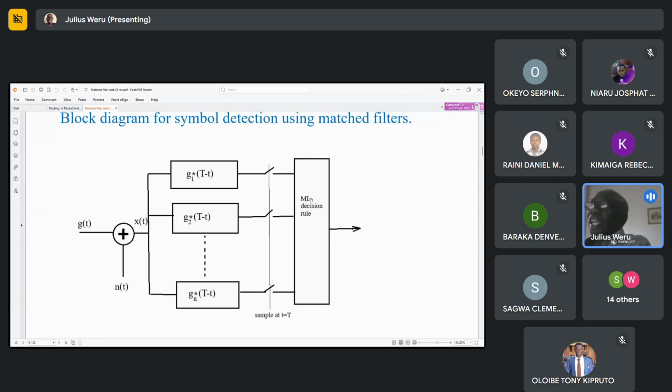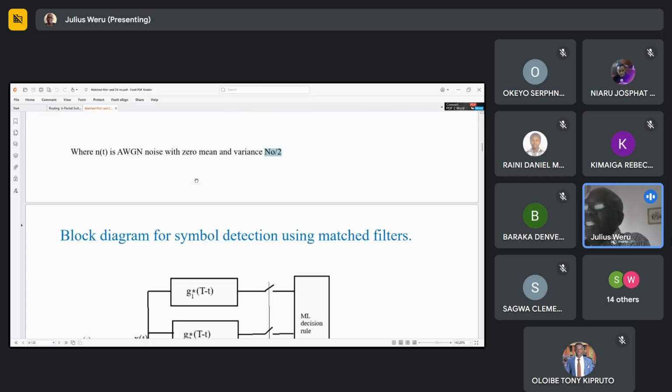This is a general case, but of course in most cases you have only two different types of symbols, so you only need two of these, and in fact in some cases you only need one, because if it is not a 1, then it's obviously a 0.